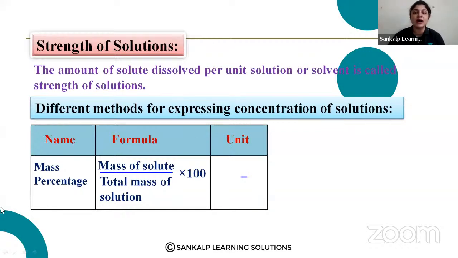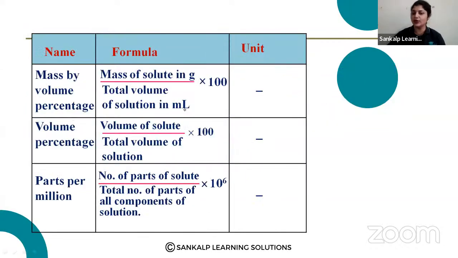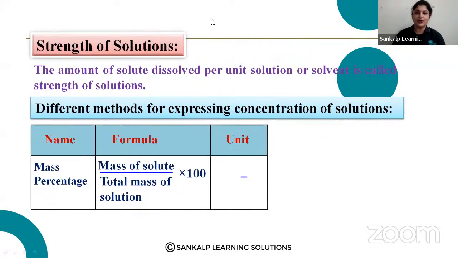Okay, the first is mass percentage. Mass percentage is expressed as W by W. So mass percentage meaning what?